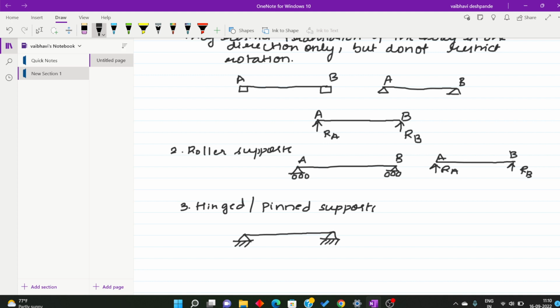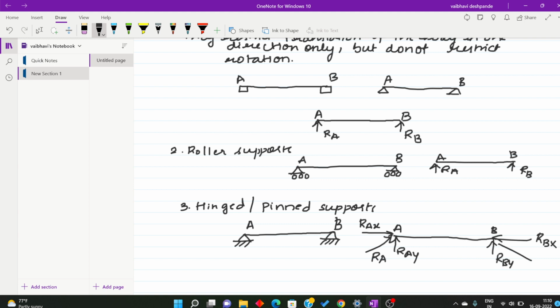How do we resolve them? Suppose this is point A, this is point B. This is RAY, RAX and RA. This is RBY, RBX. This is RB. Okay, so these are the hinged supports.